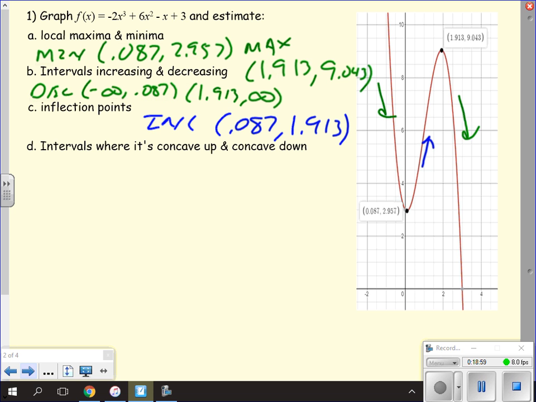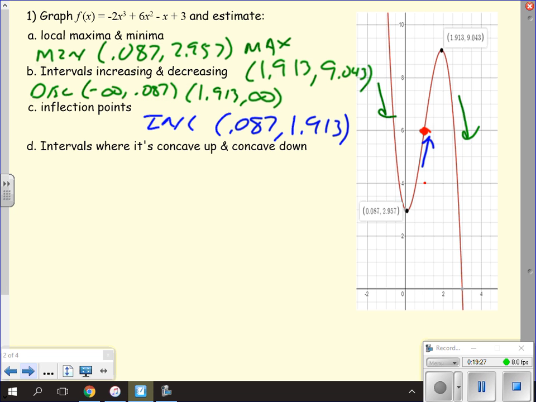Okay. Now, if this were a test question, your guesstimation, if it was close, I'd be okay. For this one, I do know its exact value because I have done calculus and I can calculate the exact value, and the exact value happens at x equals 1. So right here is my point of inflection.